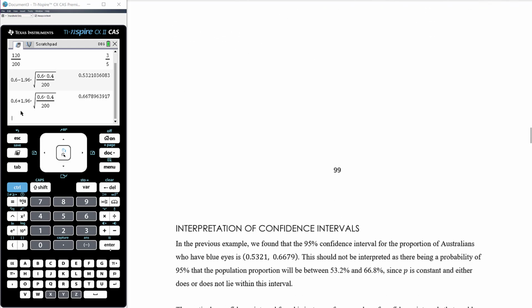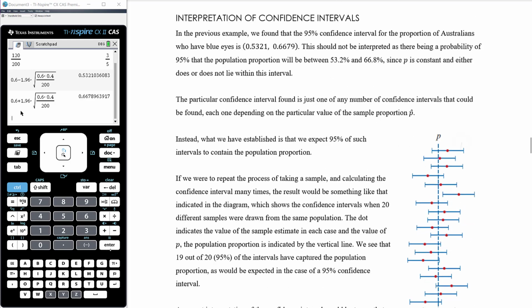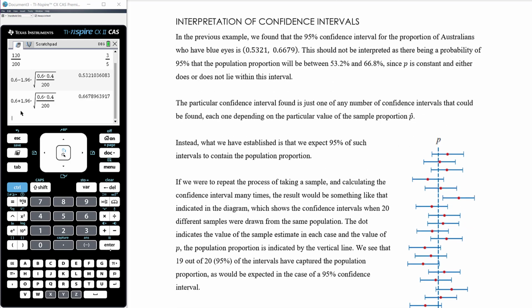Now, let's go back to this first and then I'll go on to changing the level of confidence. So, in interpreting our confidence intervals, we found that in this previous example, the 95% confidence interval for the proportion of Australians who have blue eyes is this. And this should not be interpreted as there being a probability of 95% that the population proportion will be between 53.2% and 66.8%.